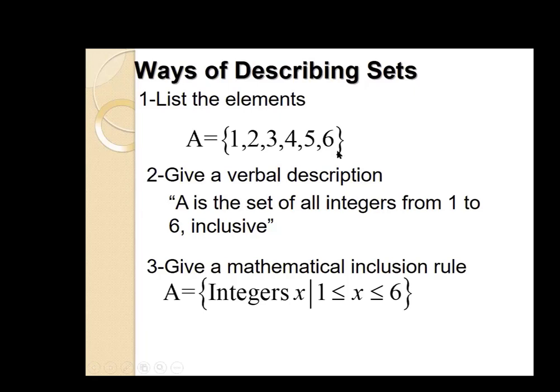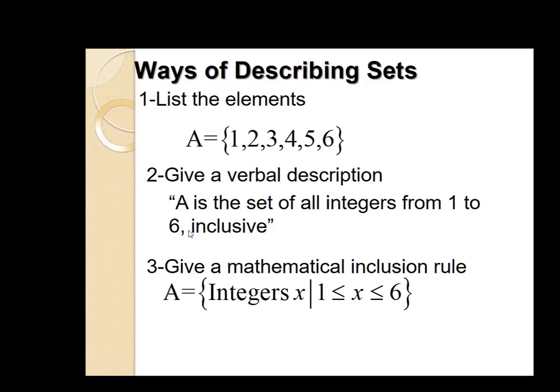It is clearly understood. So this is a kind of representing or describing a set, which is called listing the elements. Moving toward another type, that is to give a verbal description. Another way of describing a set is a verbal description.